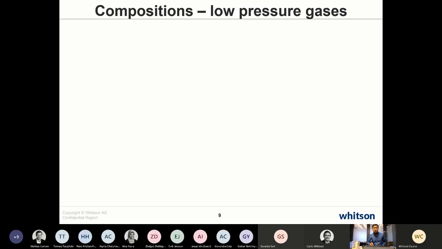Okay, so now we jump into the procedures, like how we measure the compositions, and first we will discuss how the compositions are measured for low pressure gases. If you have a flash gas, which is at ambient conditions, or a separator gas, how the compositions are measured for those samples.